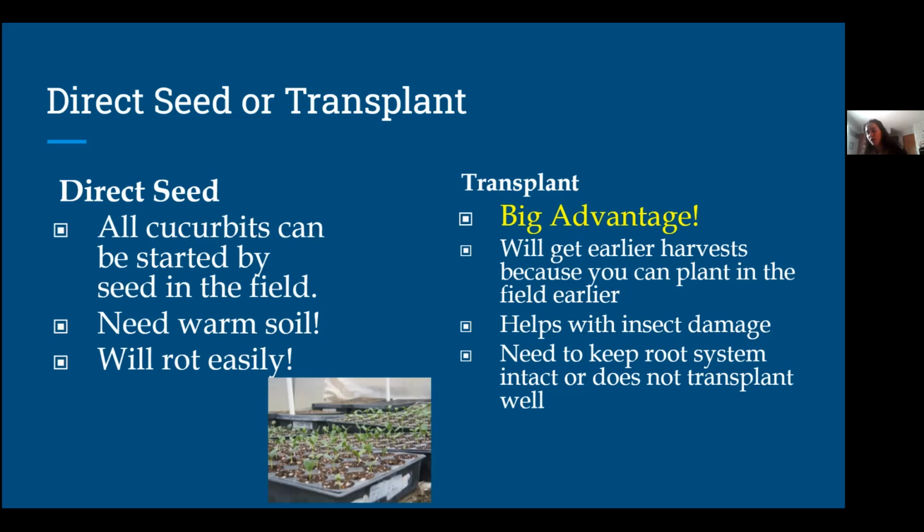You have more control and predictability over your plants. It also reduces pest pressure and disease. They also have really delicate roots, so transplanting helps the root systems stay more intact.